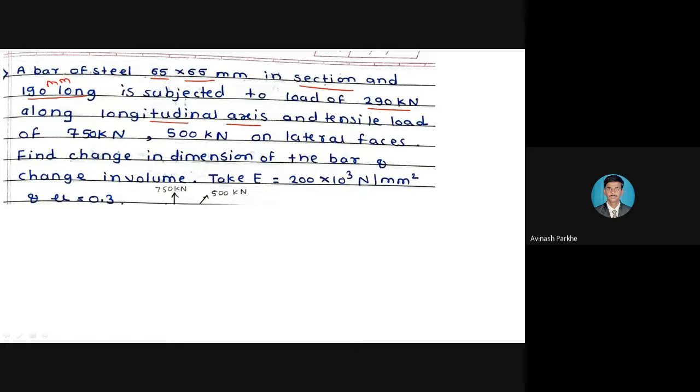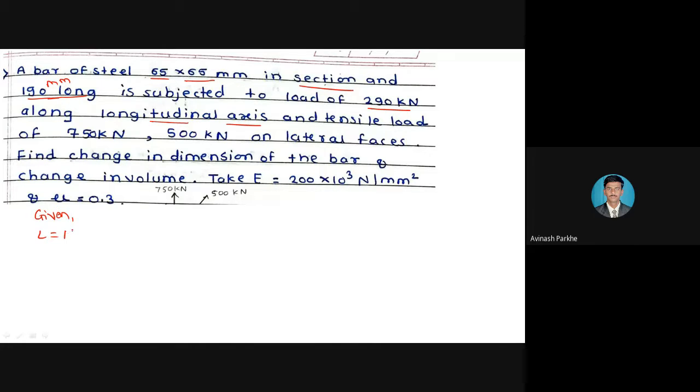Now tell me, 190 mm, this is the length. Then what is that 65 mm by 65 mm? Which parameters are there? B into D. That means the value of B is equal to 65 as well as the value of D is equal to 65, because the length of that particular section is separately given, 190 mm.